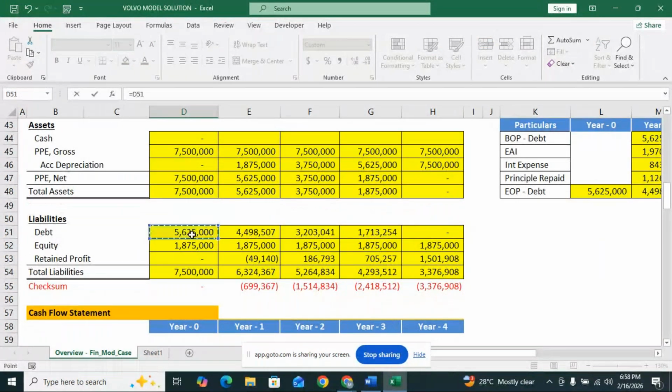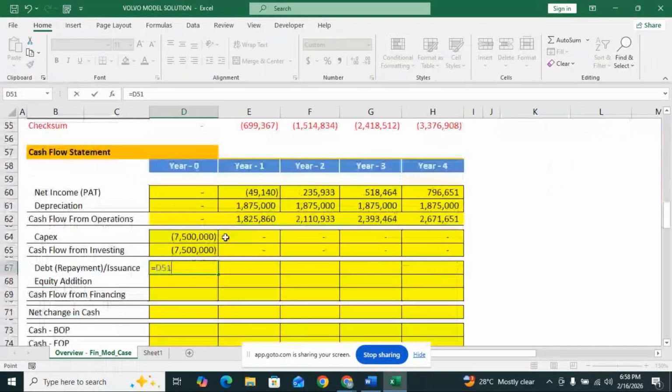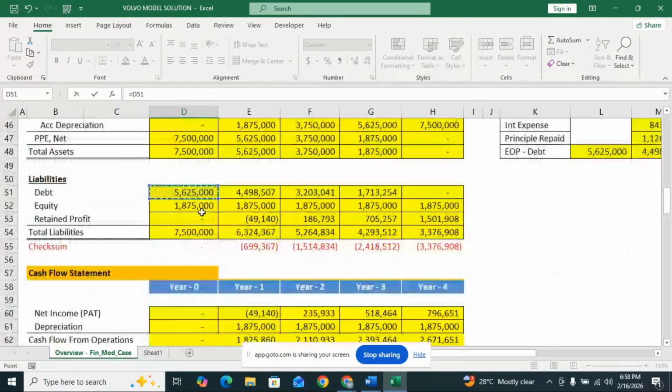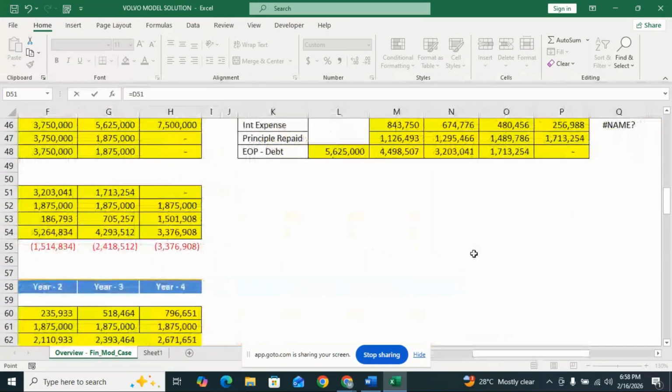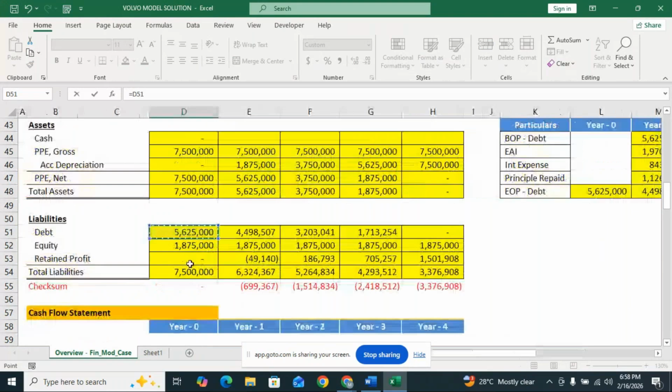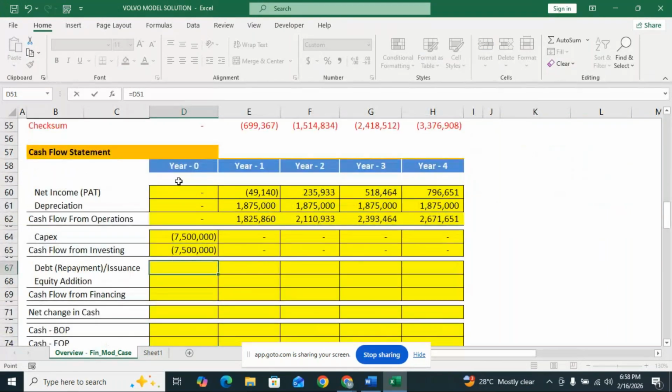This is your debt. The opening values, you can refer to this table, which we used to calculate your debt from year 0 to year 4. Same values we had posted here, if you remember, in your last class.